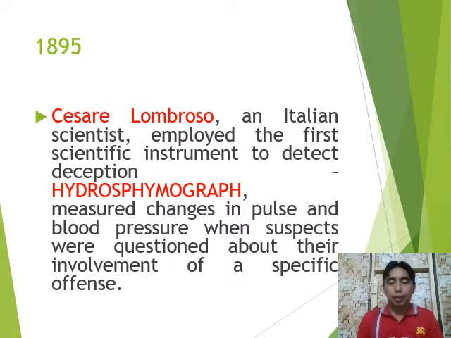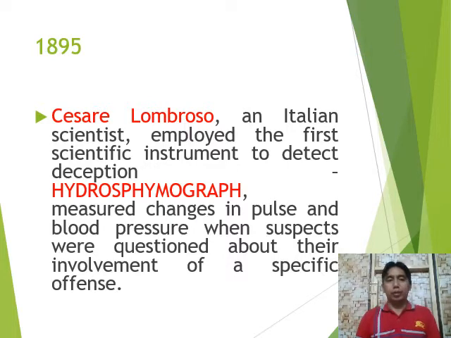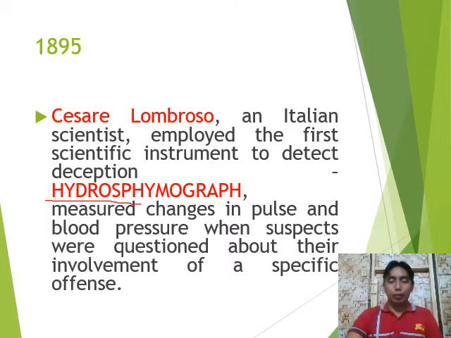One of them is the father of criminology, Cesare Lombroso, who invented a machine called the hydrosphygmograph. From the word hydro, meaning he used water here. It's complicated to explain, but he called it hydrosphygmograph because he had to soak one of the instruments in detecting lies. But what I wanted to emphasize here is that his polygraph machine measured only changes in pulse and blood pressure.